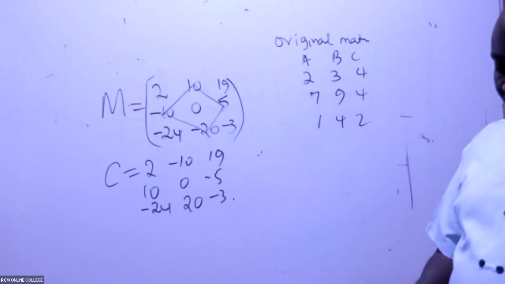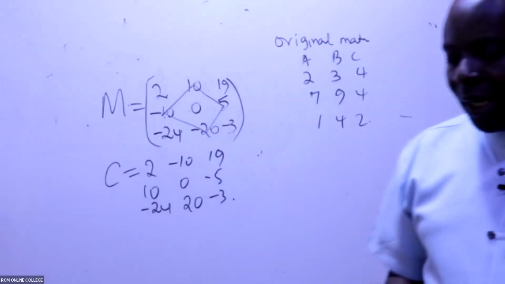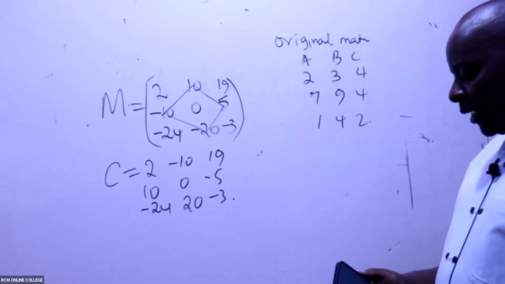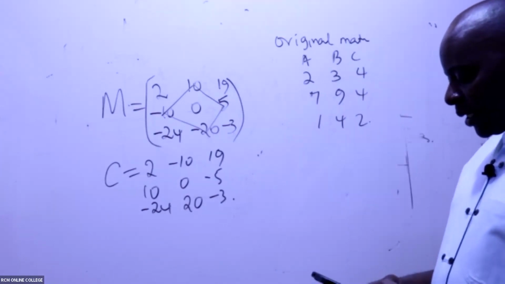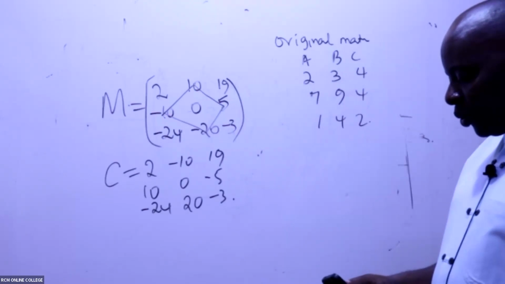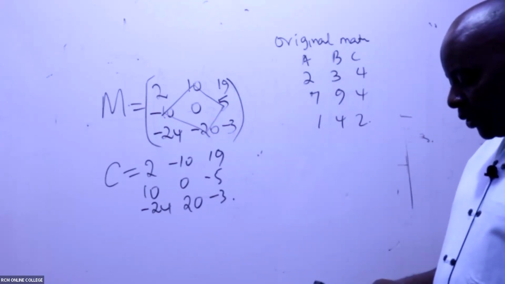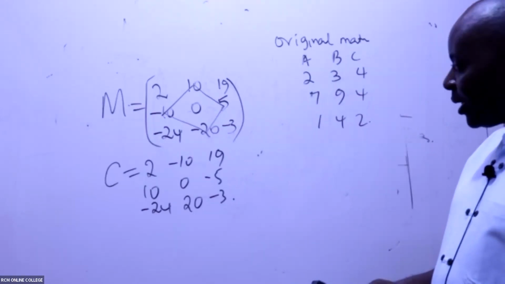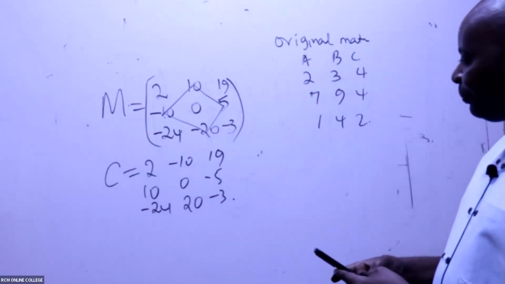So I hope you are able to follow up to there. Ladies and gentlemen, after that, what do we need to do here? After that, what you need to do is something very easy.